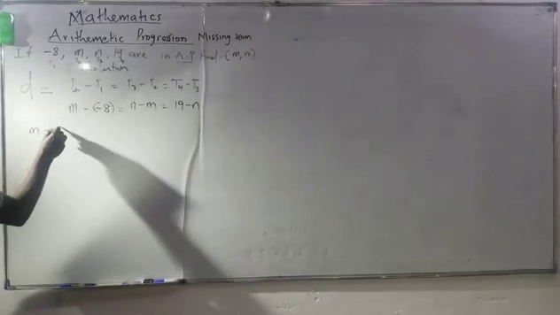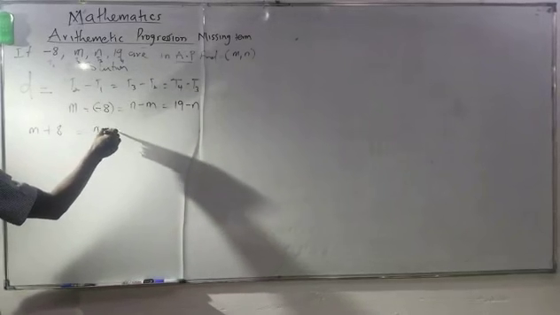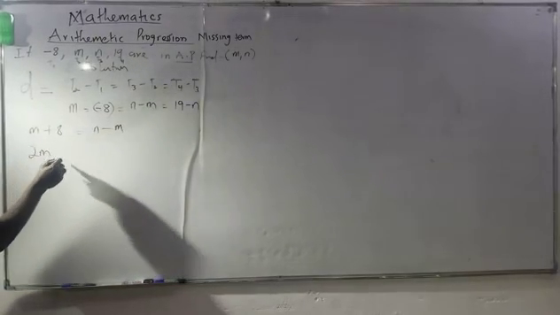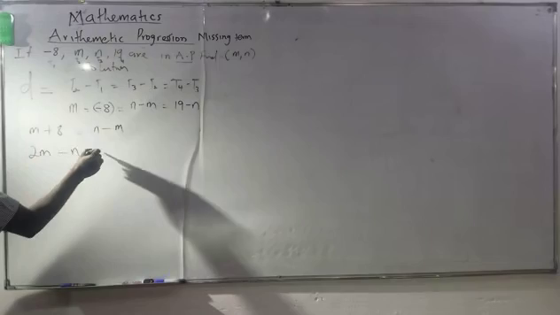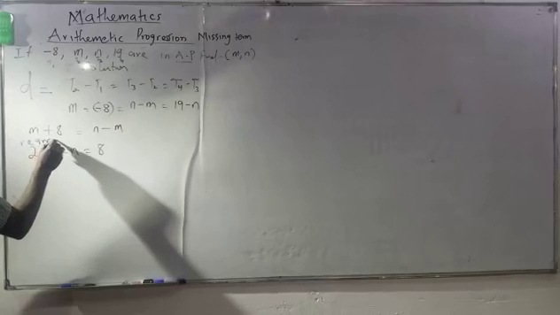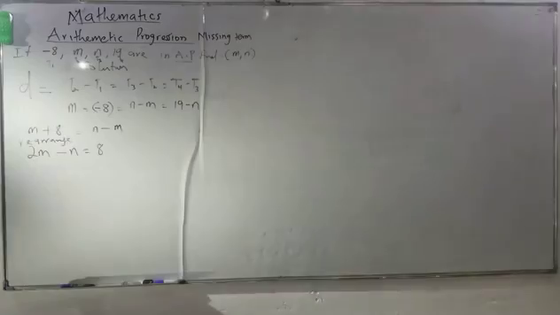Now, I can say that m minus 8 equals n minus m, which gives 2m minus n equals 8. I just rearrange. Once I rearrange, I have this.